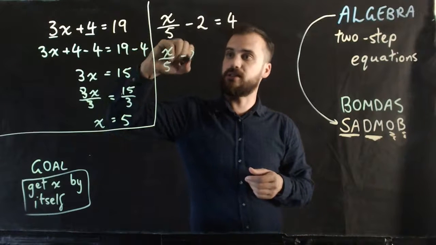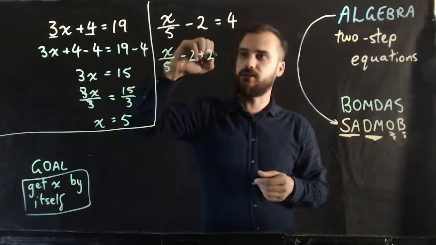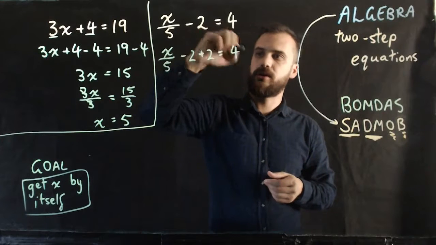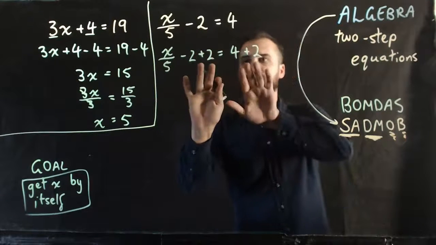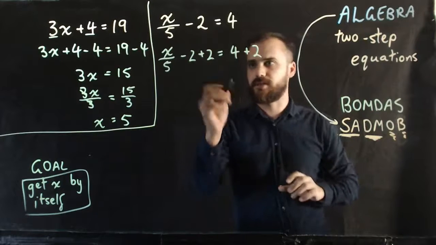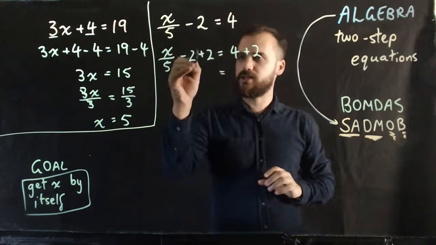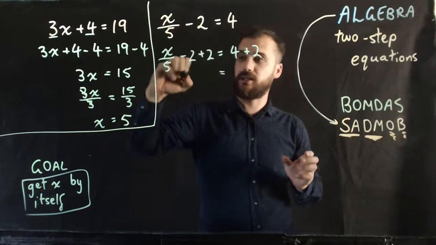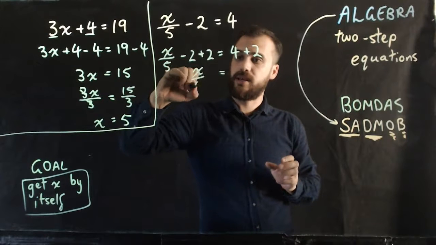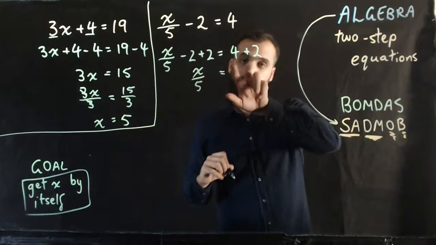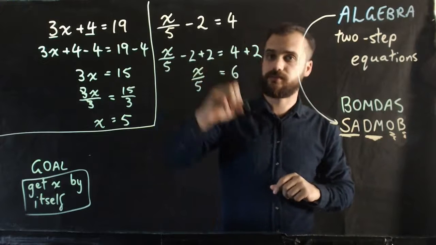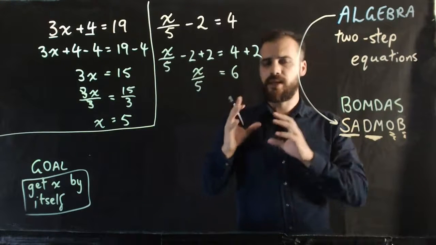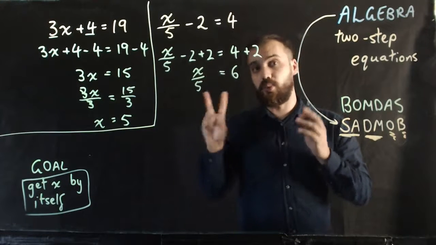This is the division and the multiplication part of SADMOB. Divided by 5, the opposite of divide by is multiply. x divided by 5 times 5 equals 6 times 5. The 5's cancel out, so we have x on this side, and 6 times 5 equals 30.